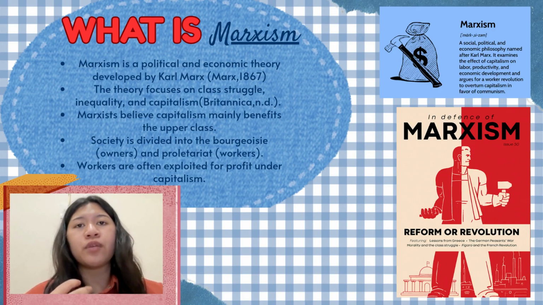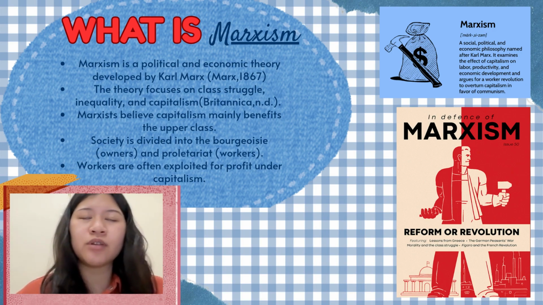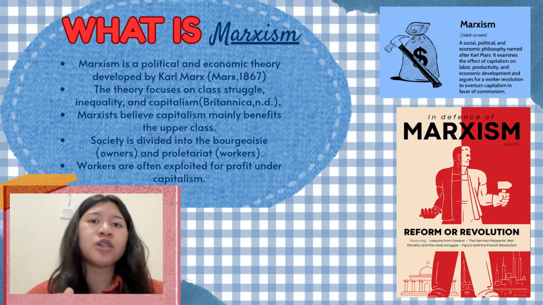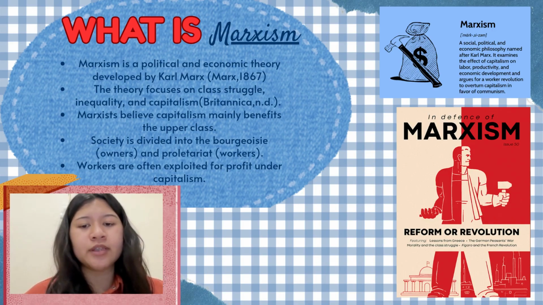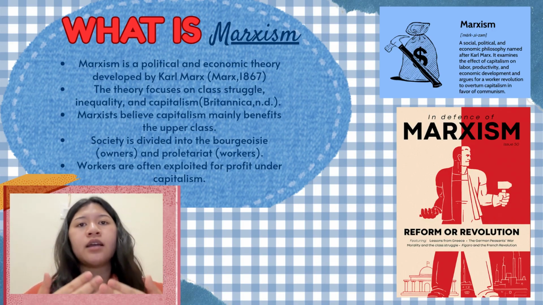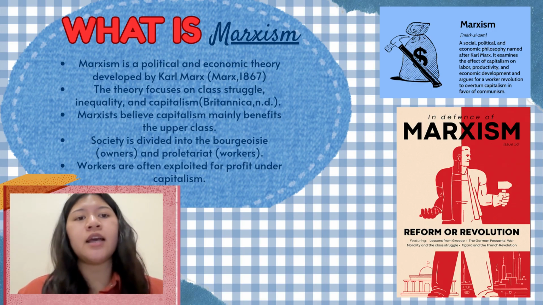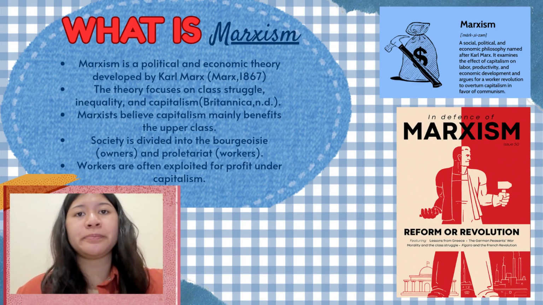People or groups with more wealth will have more influence and control. Therefore, as the saying goes, the rich get richer and the poor get poorer. So, in the end, Marxists see capitalism as a system that creates inequality between social classes.